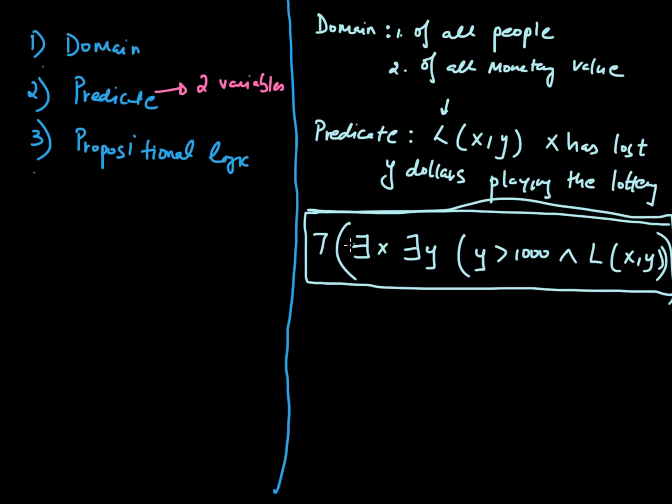Now, the negation is a negation on the entire box, which means this is equal to some x, some y. I'm not asking you to do this, but I'm just going to put this down right now. All I'm asking you is to tell me in simple English sentences, what does this imply?